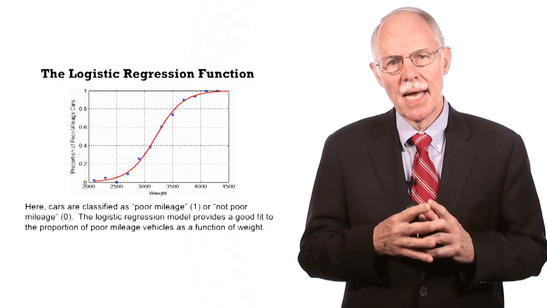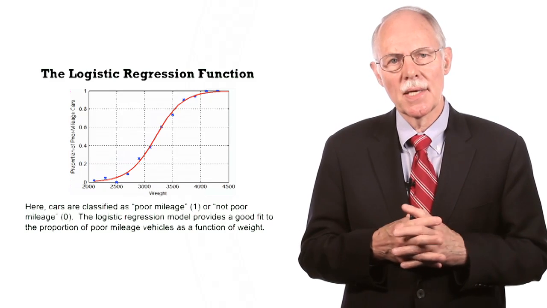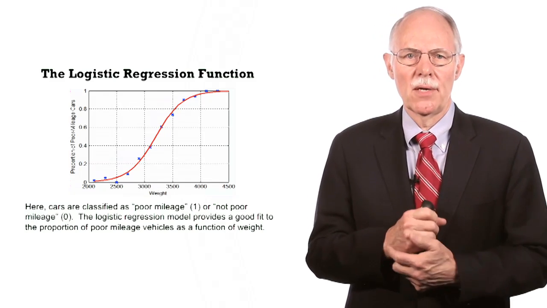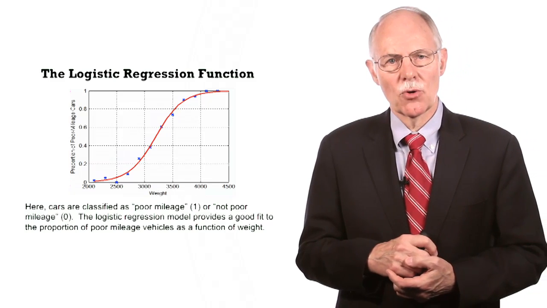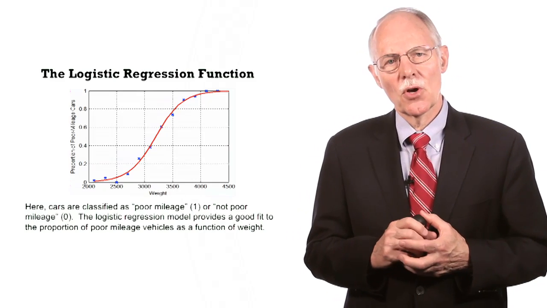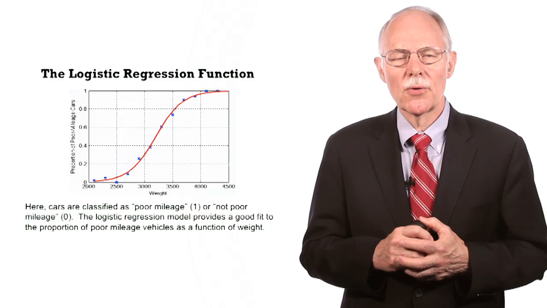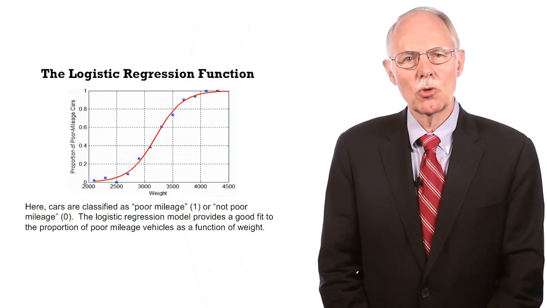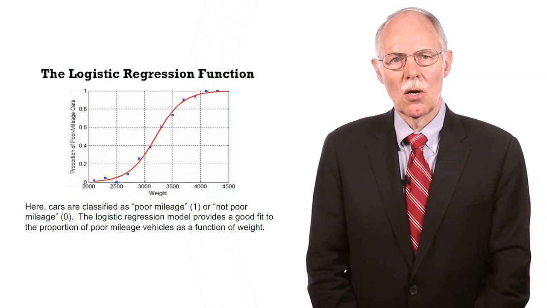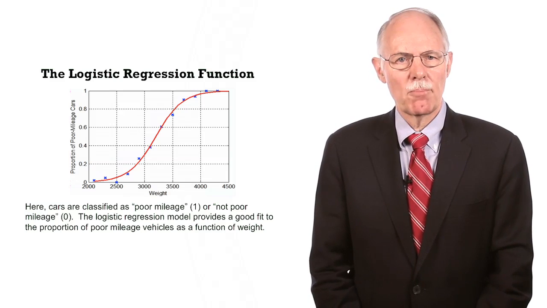And you see the X's there represent the proportion of automobiles that had poor mileage for the different weight groups. You see that for the group that was about 2,100 pounds in weight on average, only 1 or 2% of the automobiles, according to that graph, had poor mileage.